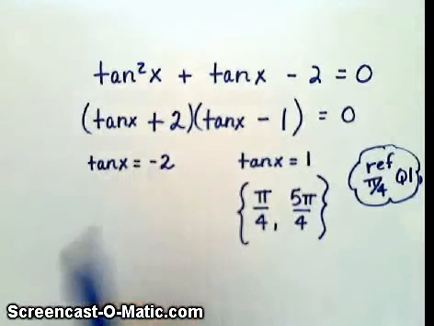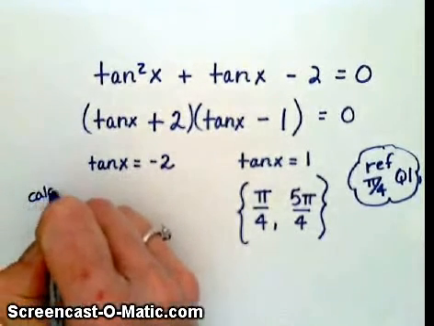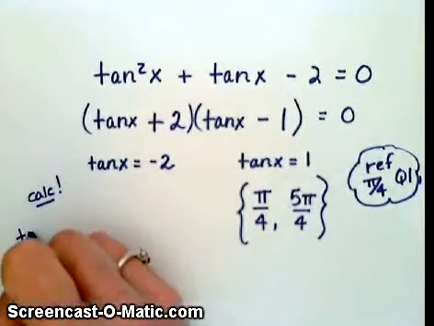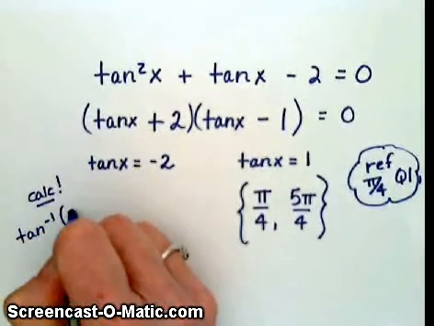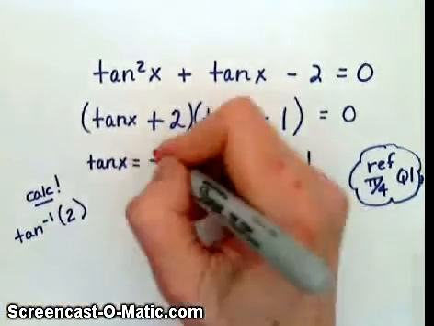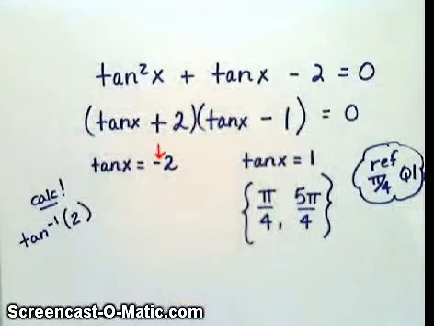This is not on any chart. So for this, you got to get your calculator out. You ask your calculator, hey calculator, what angle has an inverse tan of 2? Remember, do not put this negative sign into your calculator. That is going to be used to tell you the quadrant.